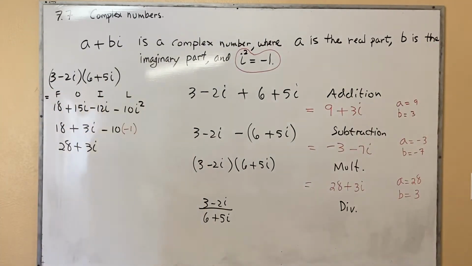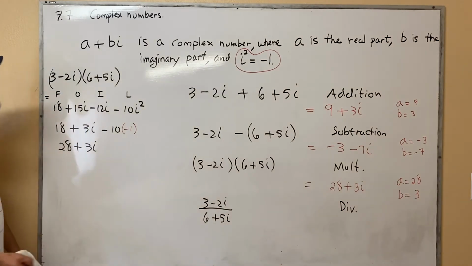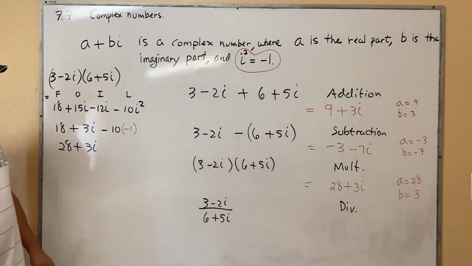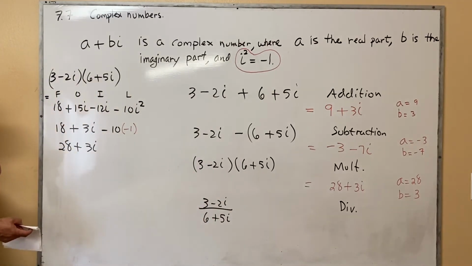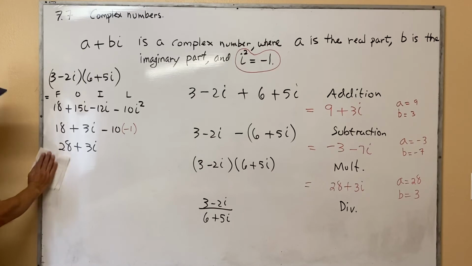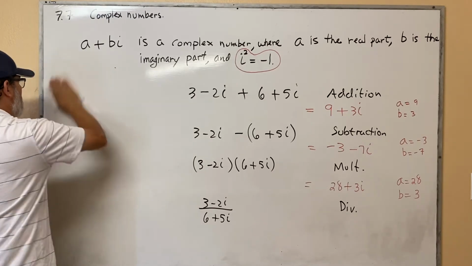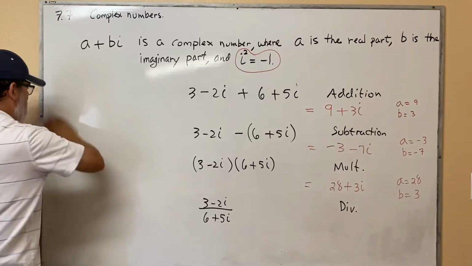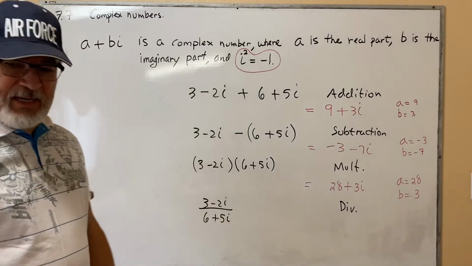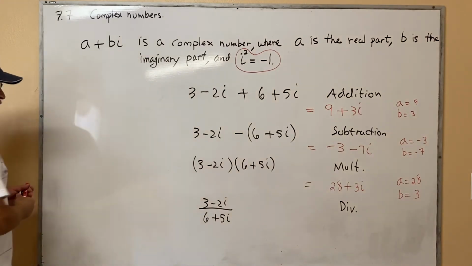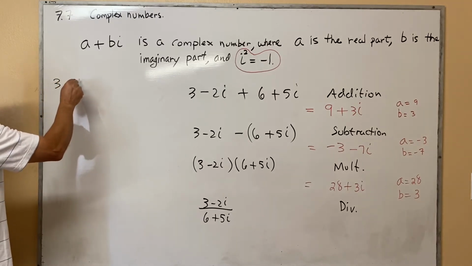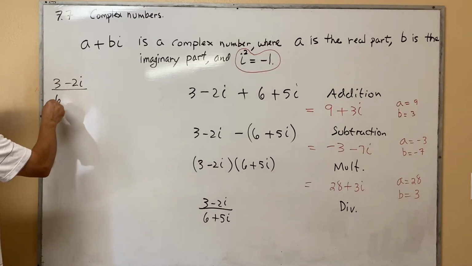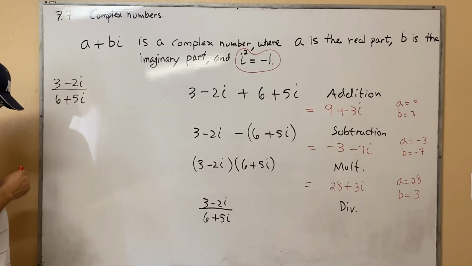All right. This is section 7.7, complex numbers. Let's do the last operation right there, look. The last operation, I'm gonna have to do it here. Gotta erase this, okay? Because I'm running out of room. All right, excellent. So now, let me take 3 minus 2i divided by 6 plus 5i. Okay?